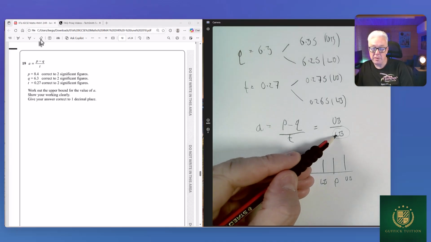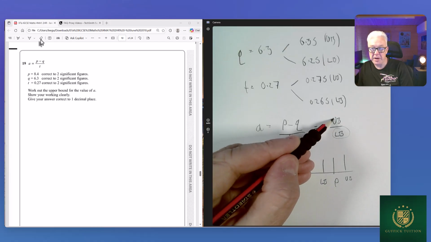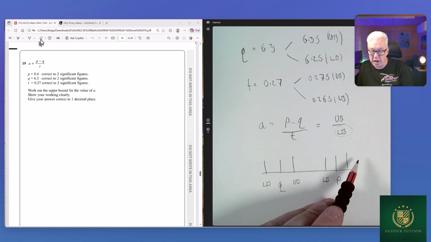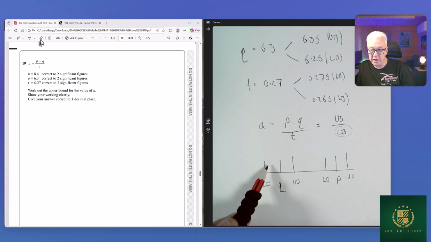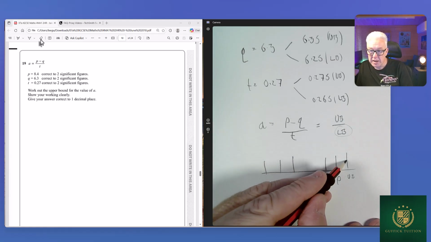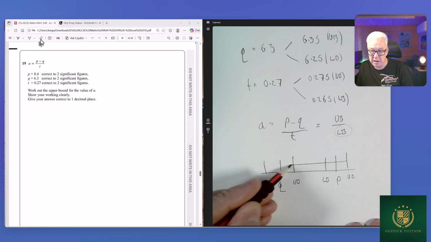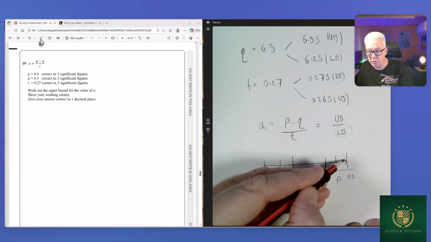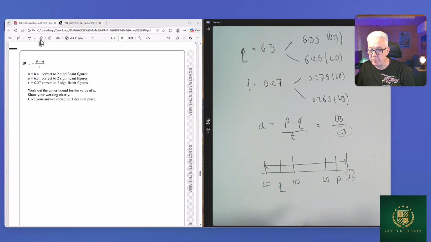So we need the lower bound in the denominator and the biggest thing in the numerator. How can we get the biggest value of P take away Q? You can see from this sketch that we get it when we have the upper bound for P and the lower bound for Q.